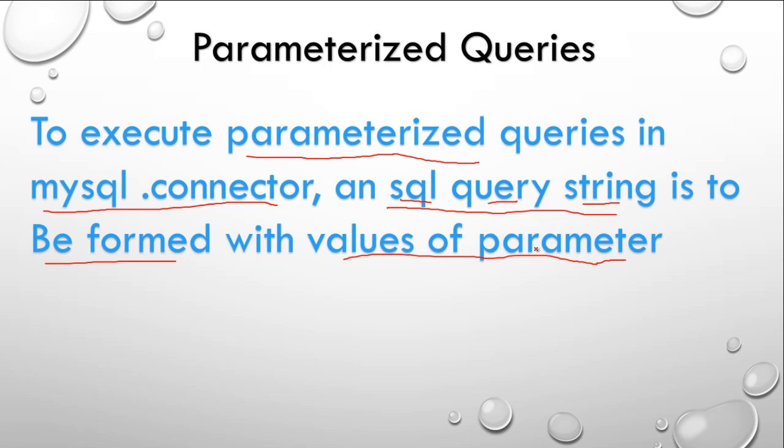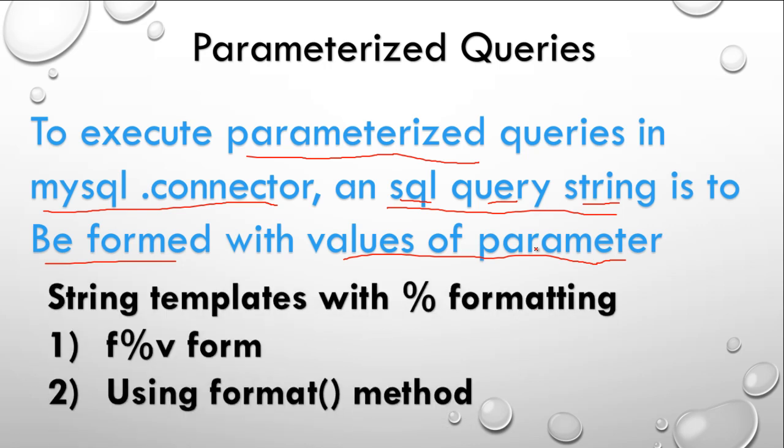Basically there are two methods for it: string templates with percentage formatting, which is the f%v form, and the format method. These are the two ways of passing the values of the parameter in the SQL query.